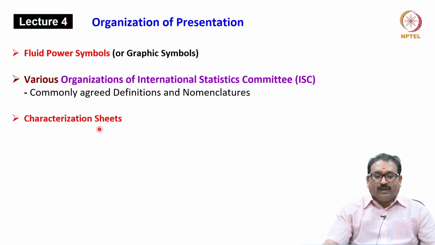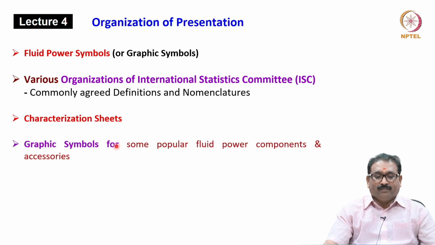Later we will move on to characterization sheets and graphic symbols for some popular fluid power components and accessories. During the course you will learn many other symbols also for the various systems. Finally, I will conclude today's lecture 4 at the end.